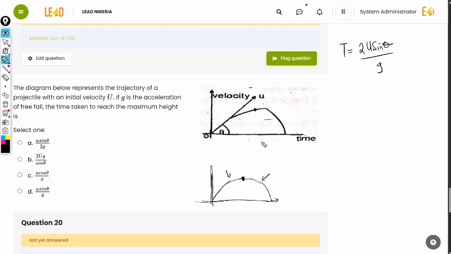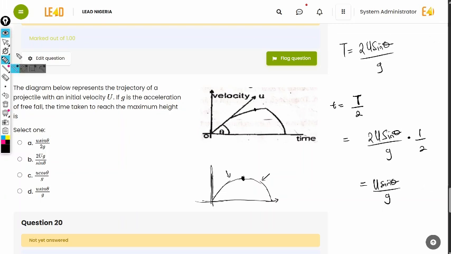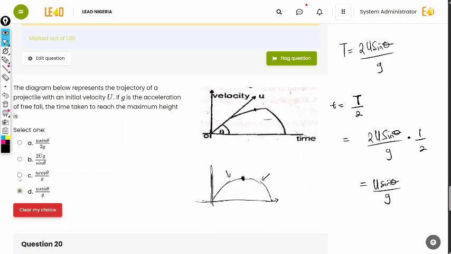That means the time to get to the maximum height is half of the time for the entire motion. So t is equal to total time T over 2, which is 2u sine theta over g times half. Same as dividing by 2, I'm left with u sine theta over g. So the correct option is option D, u sine theta over g.